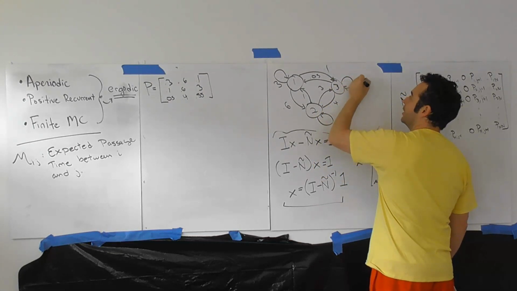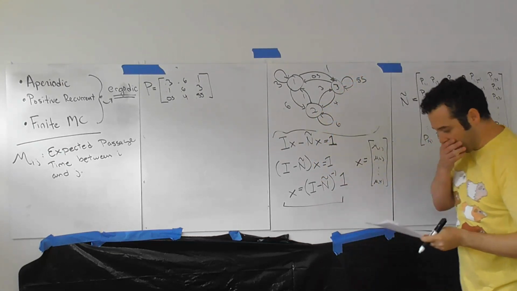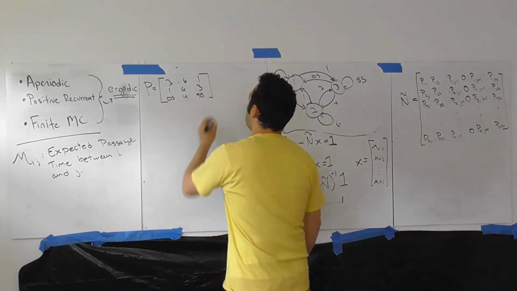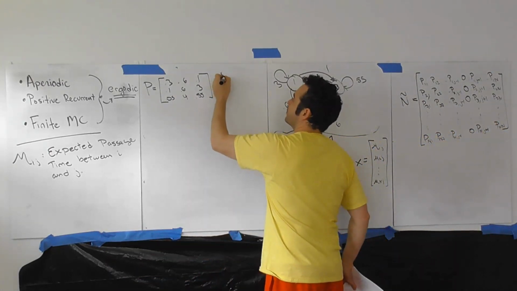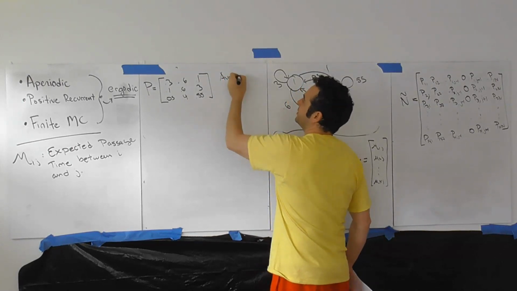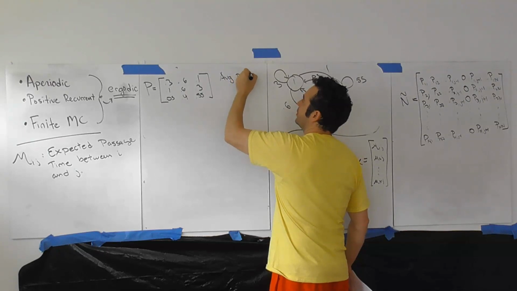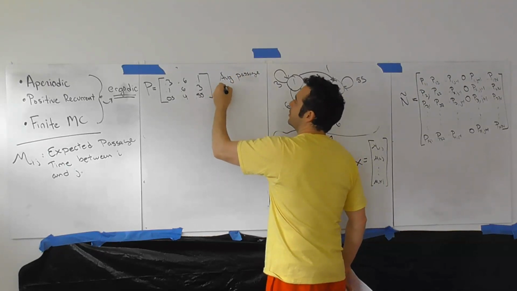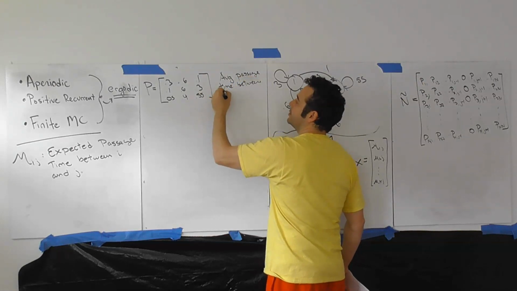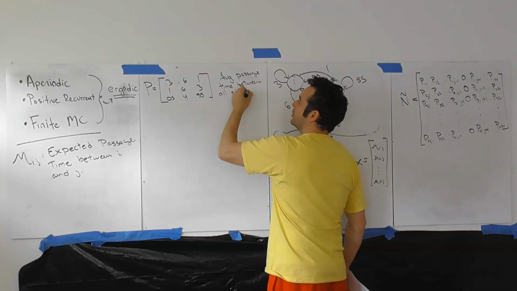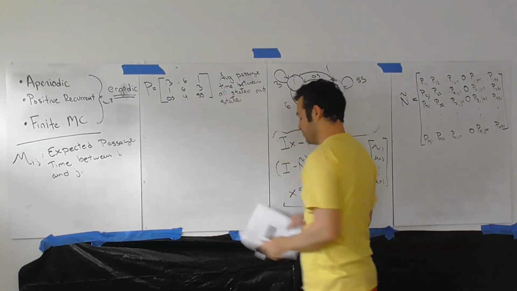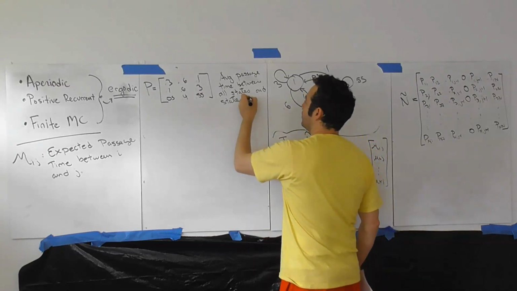Okay, so let's pretend my question was, I want to know the average passage time between all states and state 1.